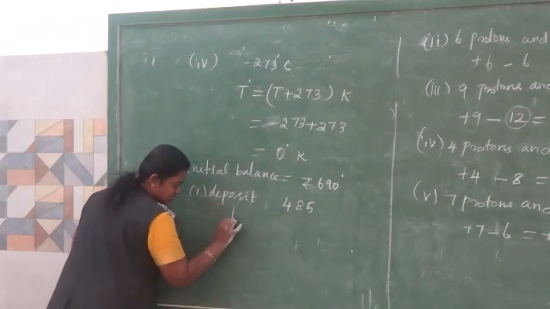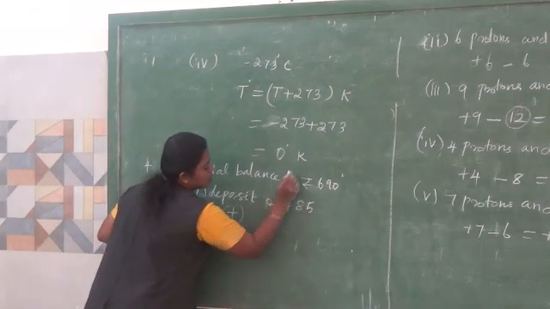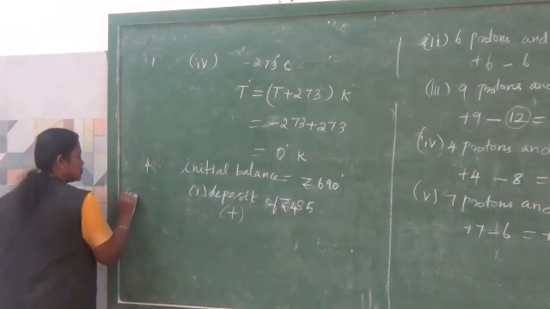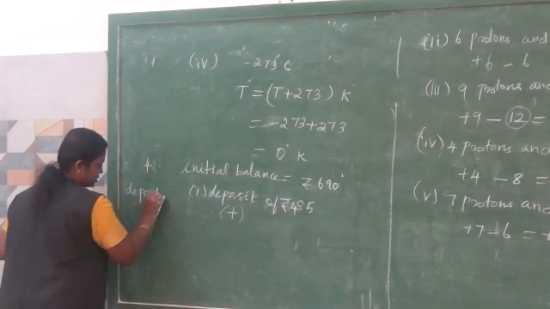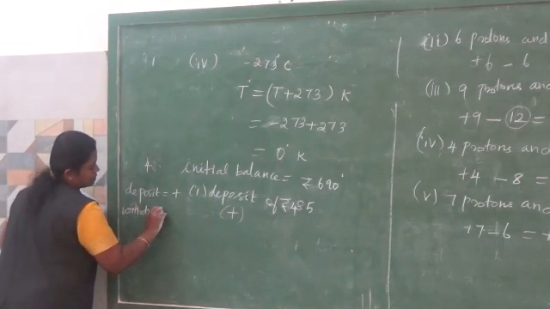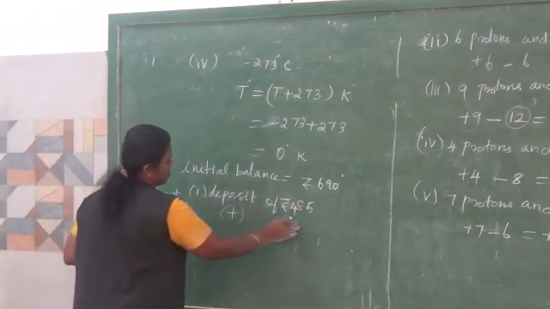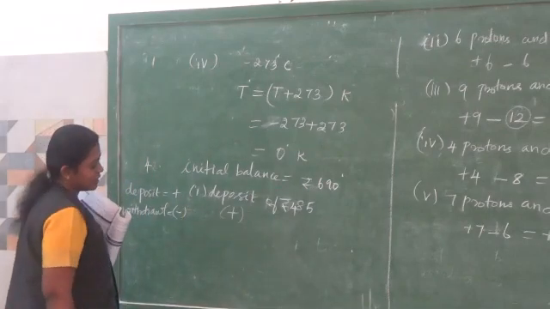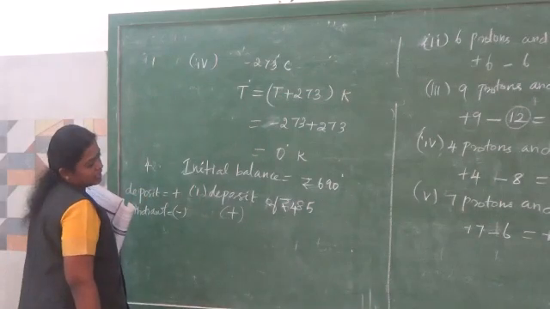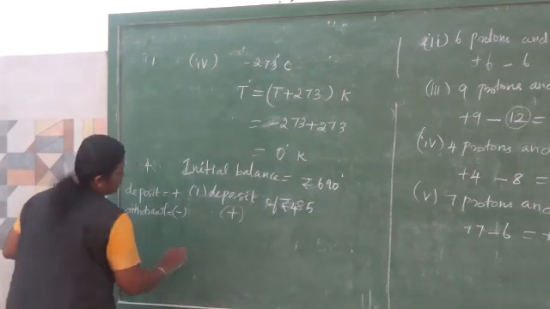If it is a deposit, it represents positive. So note down: deposit means positive, withdrawal means negative sign. We have to find out now what is the amount left in the bank.